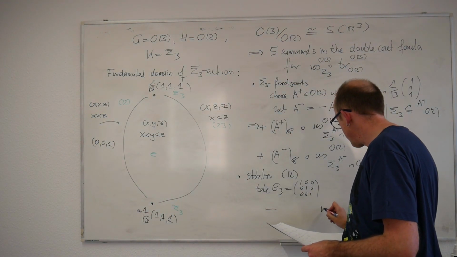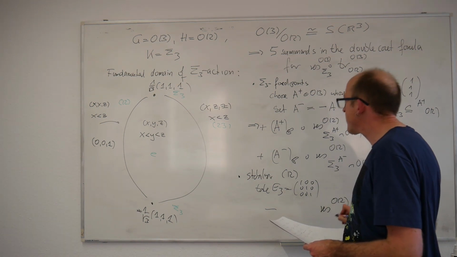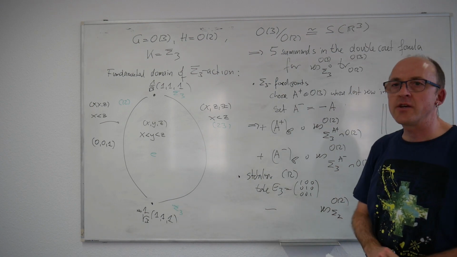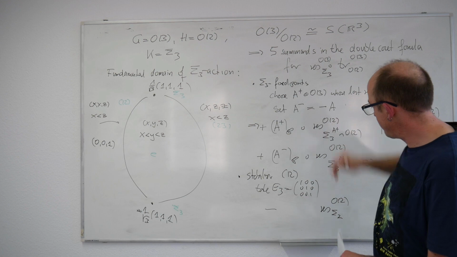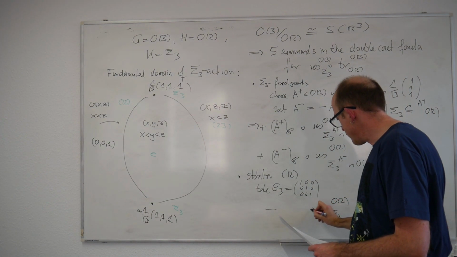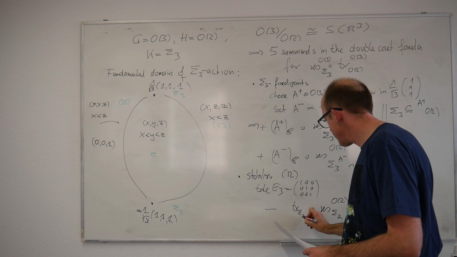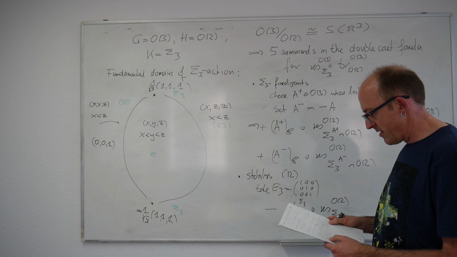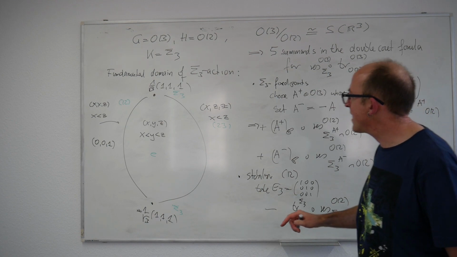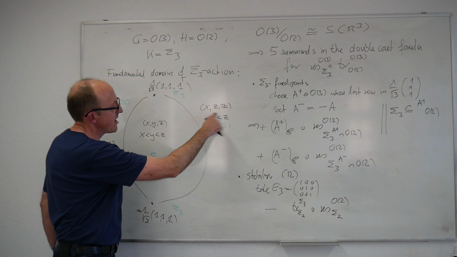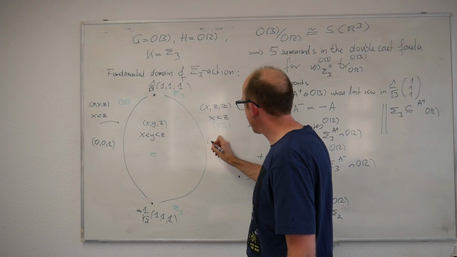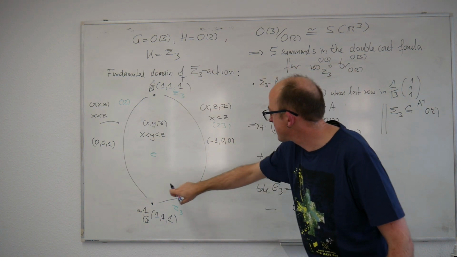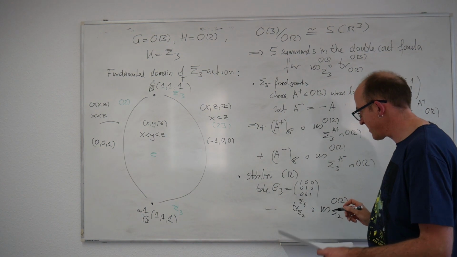And then we have to restrict from O2 down to the intersection of O2 and sigma 2. And this is sigma 2, embedded as the permutation matrices in the upper left square, and then we have to transfer back up from sigma 2 to sigma 3, and this comes with a minus sign. And then we have to choose some matrix whose last row is an element in here, and here, for example, we could take -1, 0, 0, so this would be a vector which lies on this segment, and then we choose some matrix that has this as its last row.